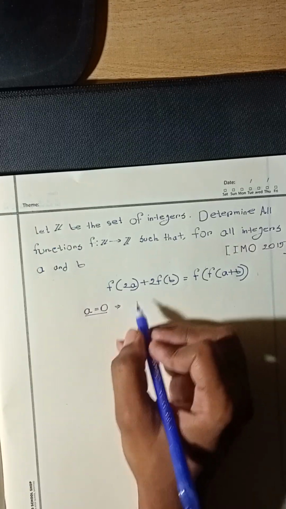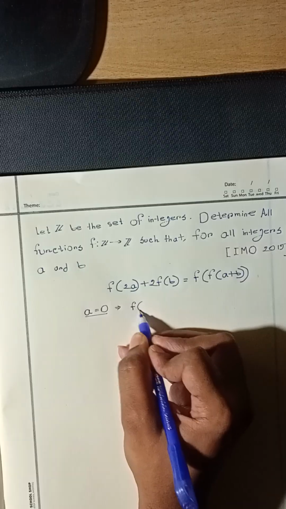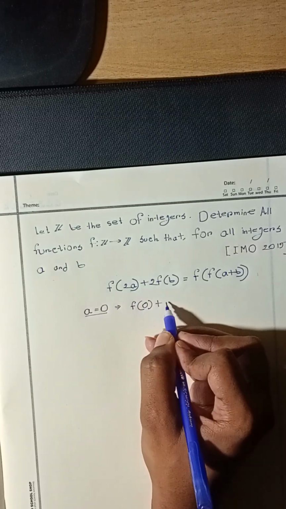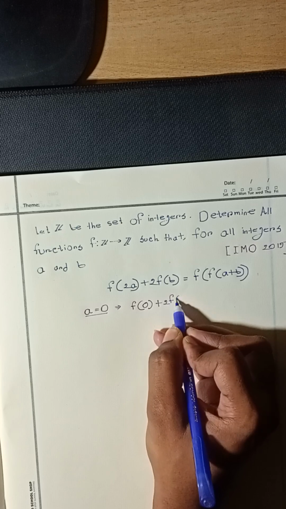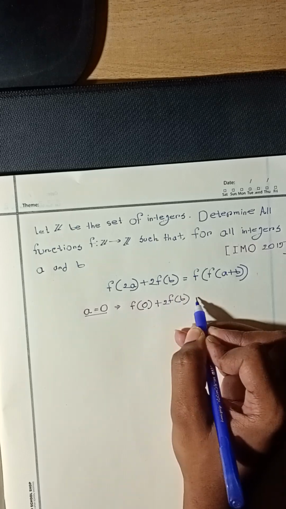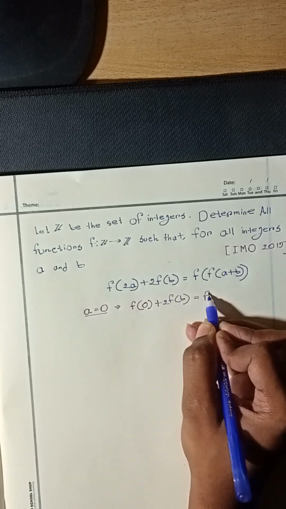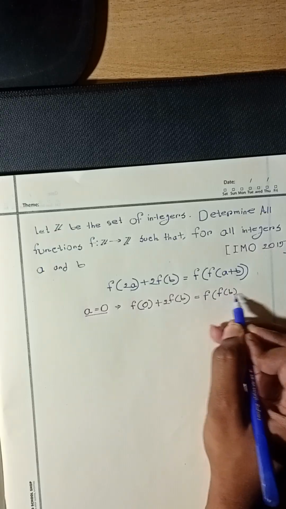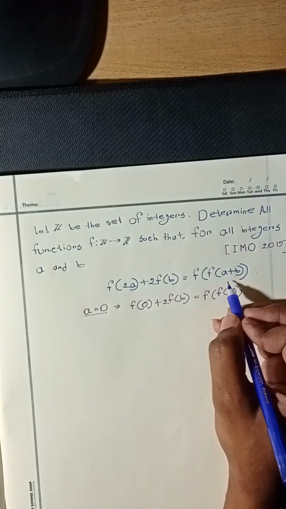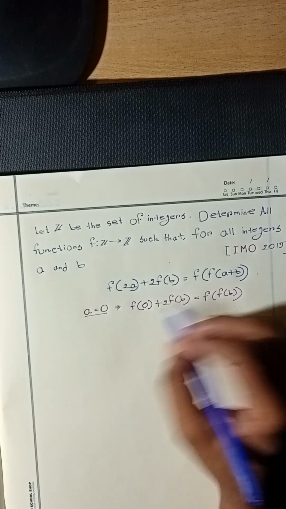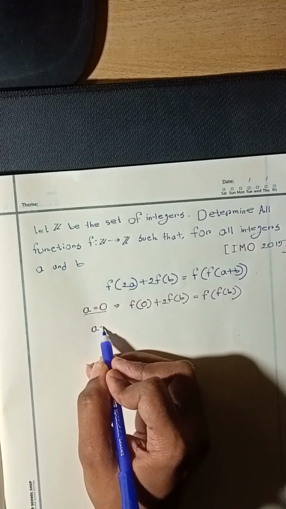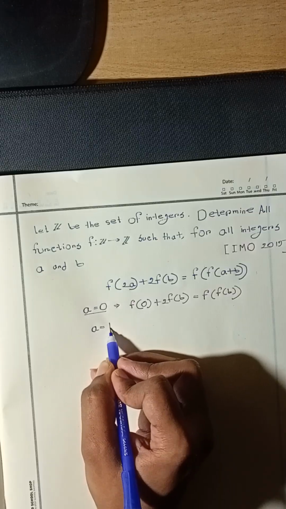Look, so here we would get f(0) plus 2f(b) is equal to f(b), because 2a would be 0. Now let's input another value, a equals 1.